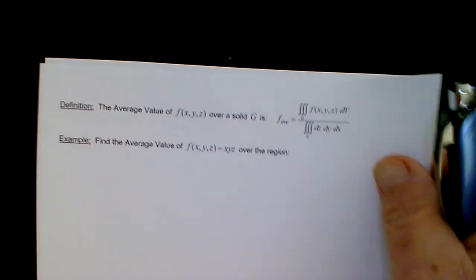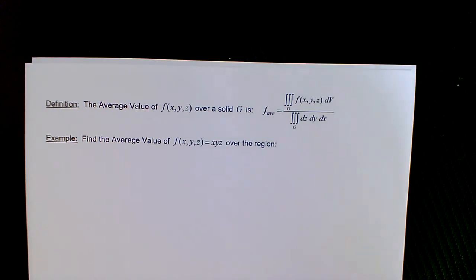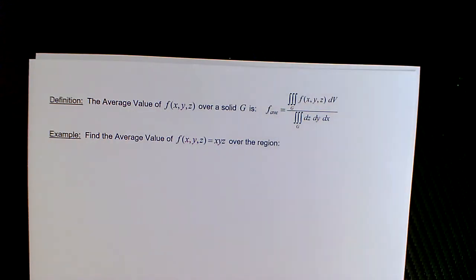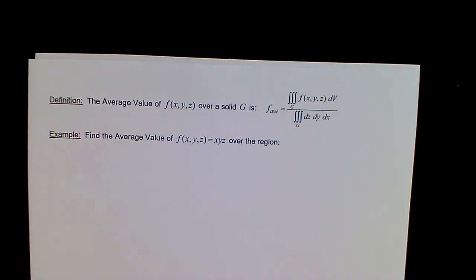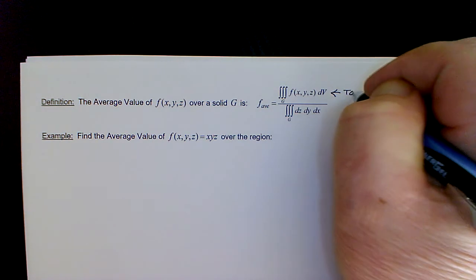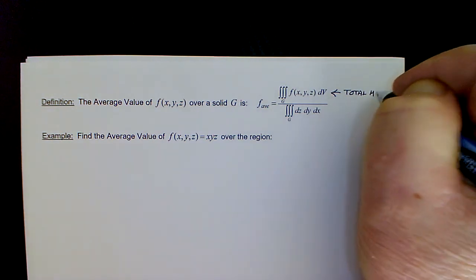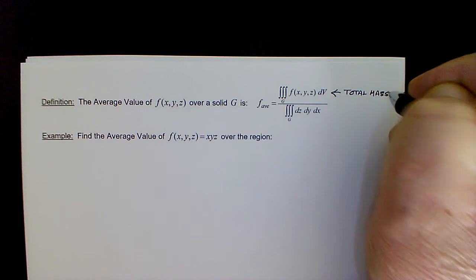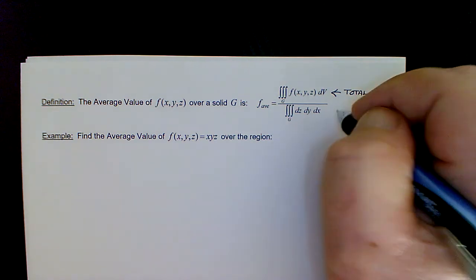So that's going to be the triple integral of the function with respect to the volume, which really gives us the total mass of the function in a physical situation. So the numerator is the total mass, and the denominator is going to be the volume.